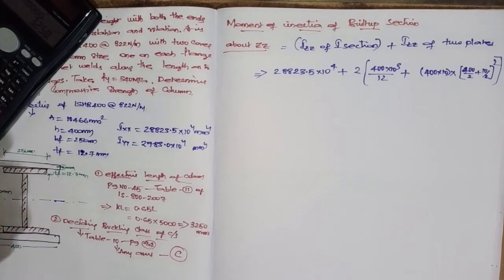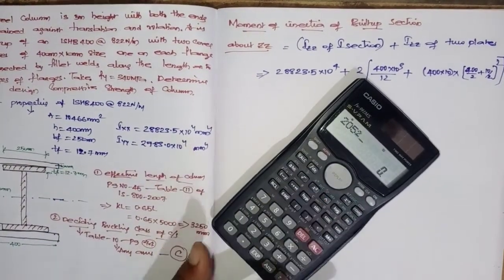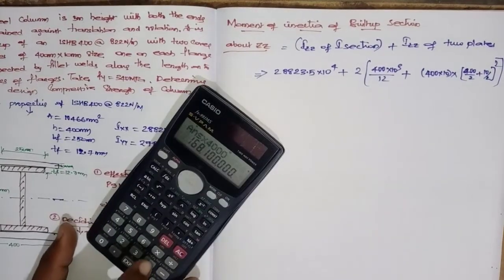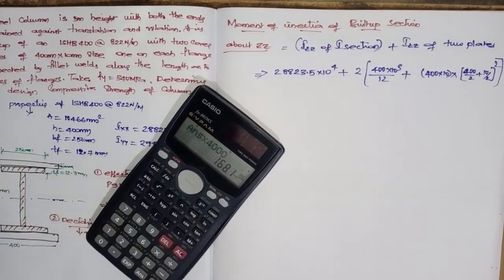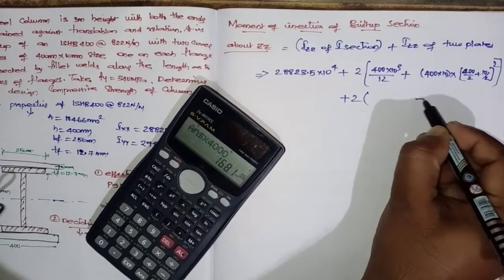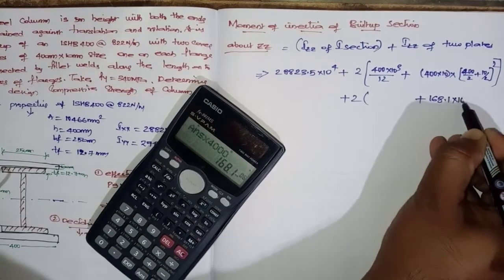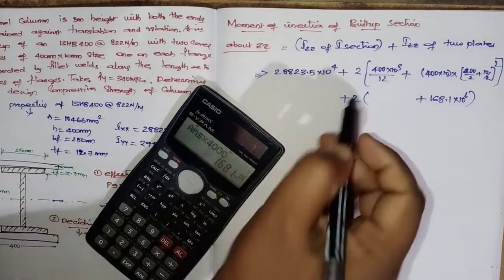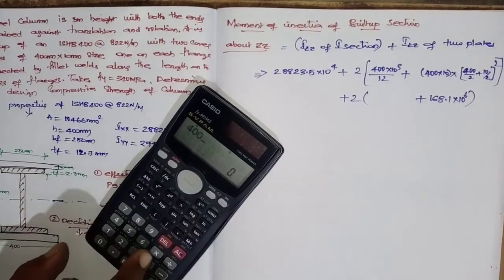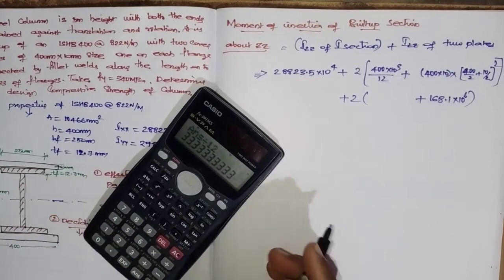If I separately solve this one, 205 square into 4000, gives 168.1 into 10 power 6. Why have I written two plates? So 400 into 10 cube divided by 12.